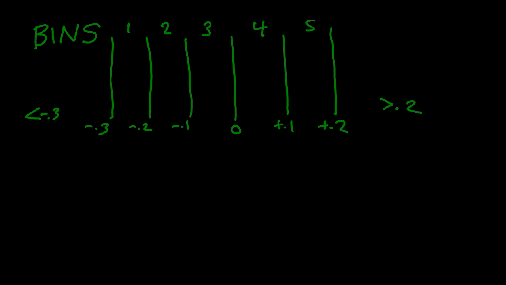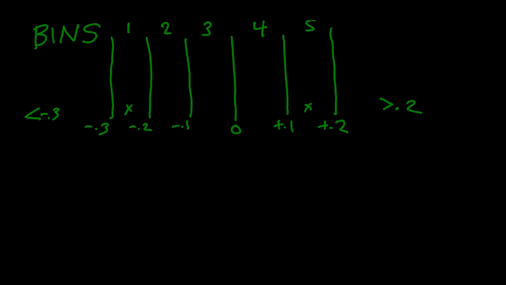And I'm interested in placing each individual term into a bin. So if I have a term that's minus 0.27, I'm going to place it in here. If I have a term that's 0.144, I'll place it here, and so on and so on. And I'm gradually accumulating more and more information.